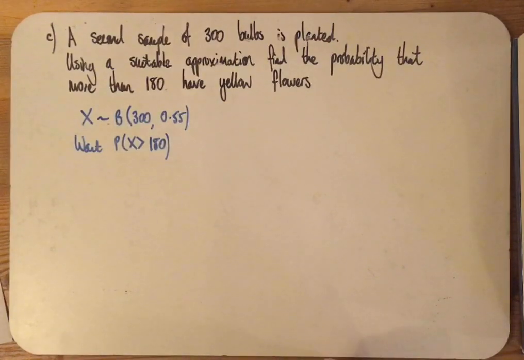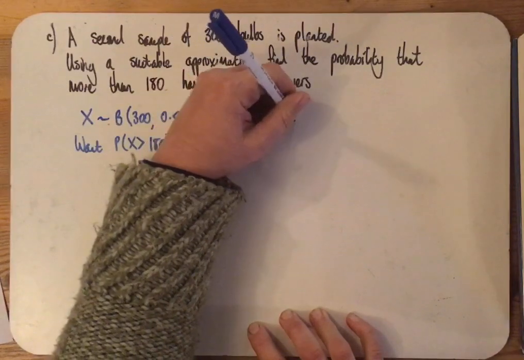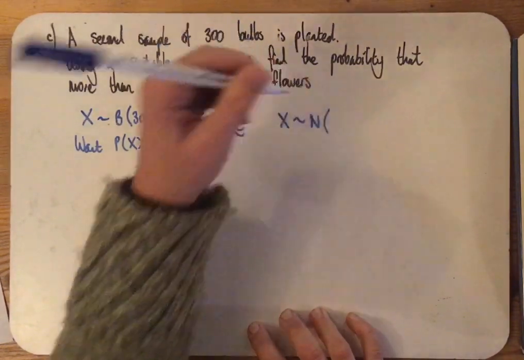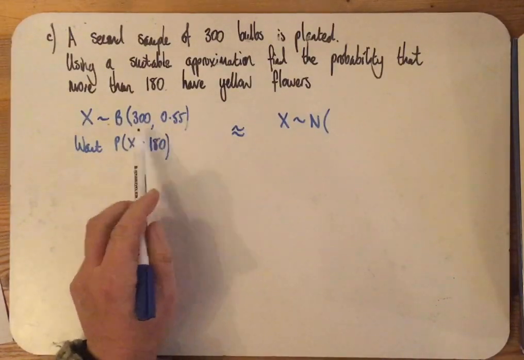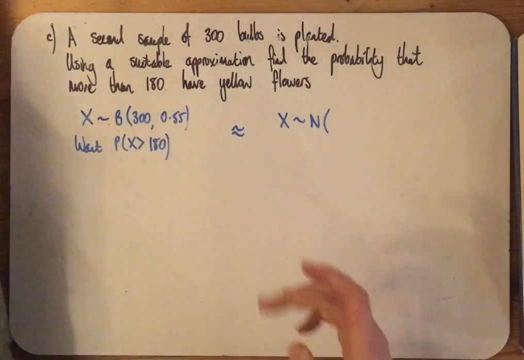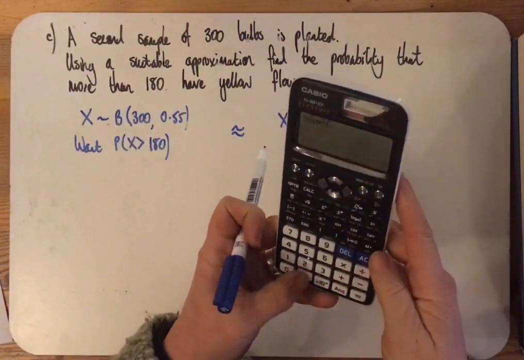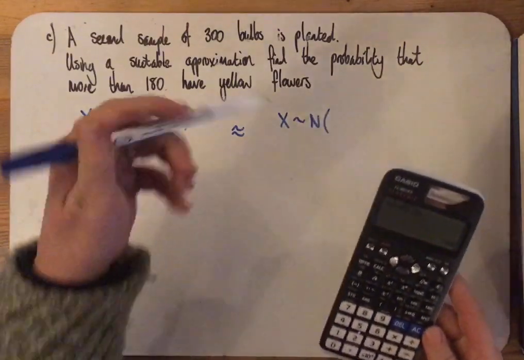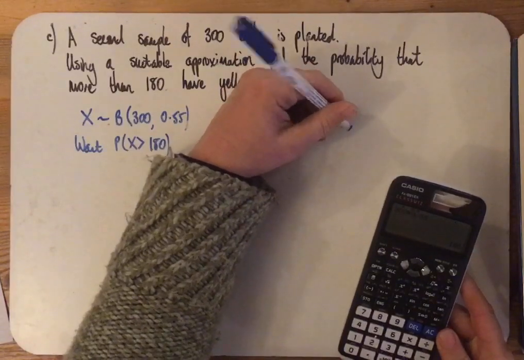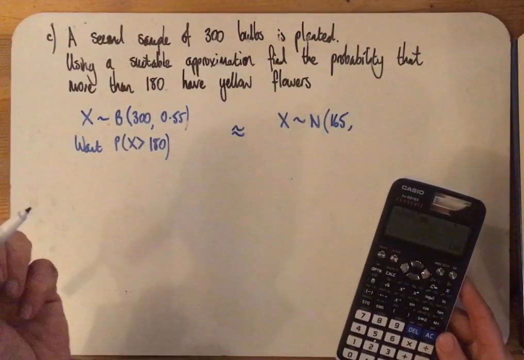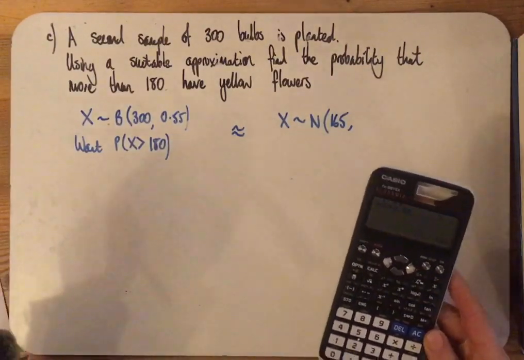And so you approximate all of this with X being normally distributed. The mean of the binomial is np. So you do 300 times 0.55, and that gives you 165. So that's your expectation on the binomial, which is the same as the mean. And then the variance is npq, or np times 1 minus p.